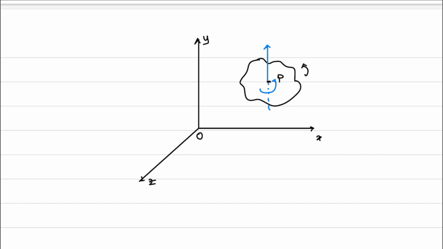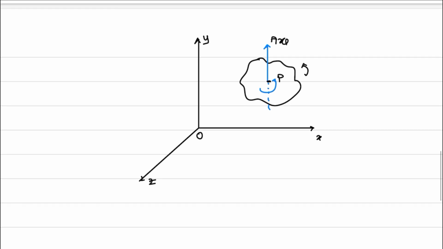Here, how do you define then the motion? To define this type of motion, we have to find the axis. The axis itself is the reference frame.